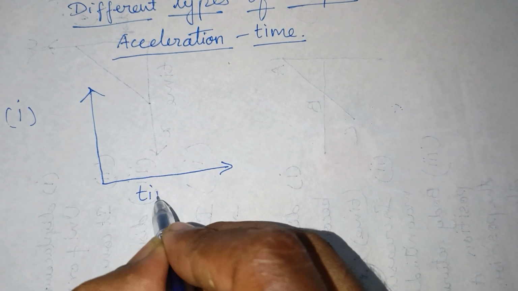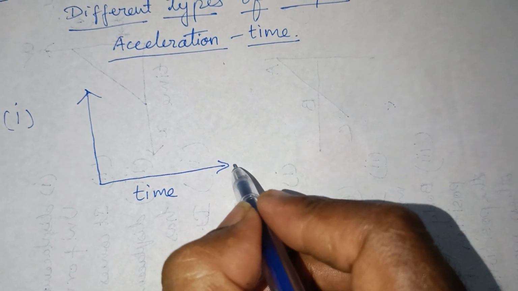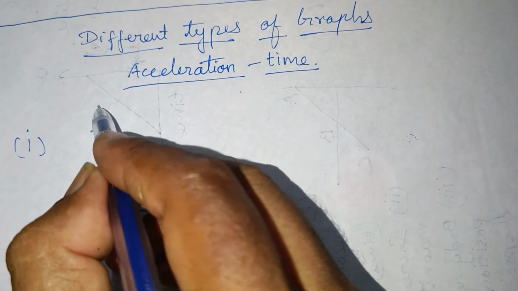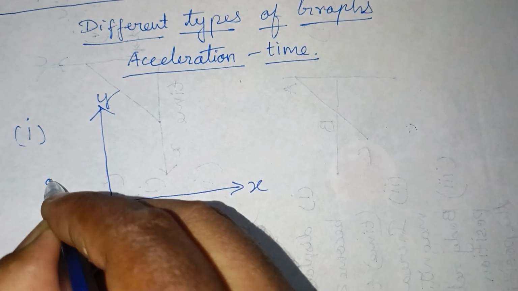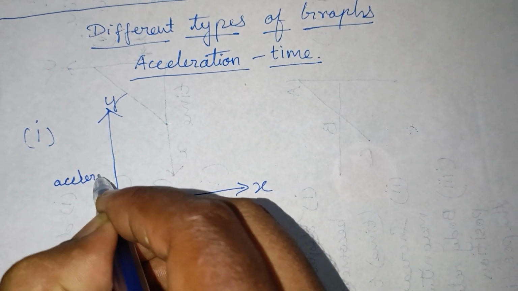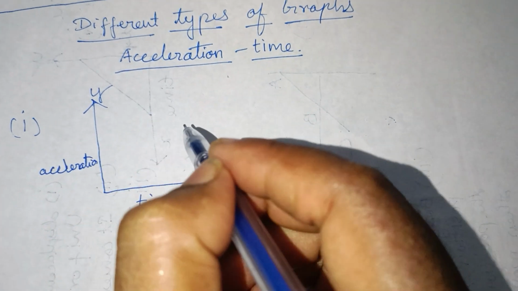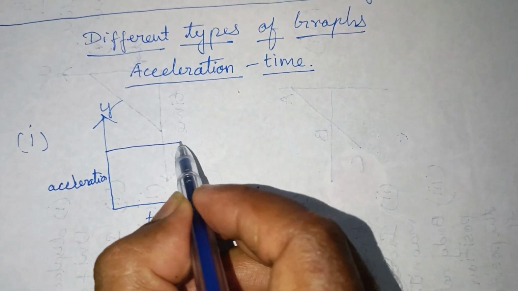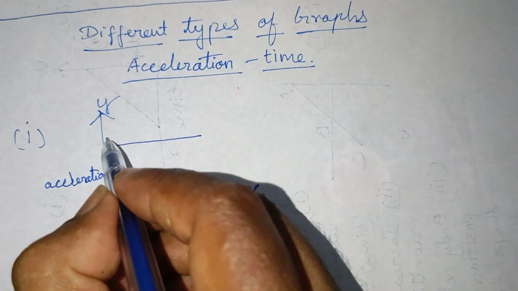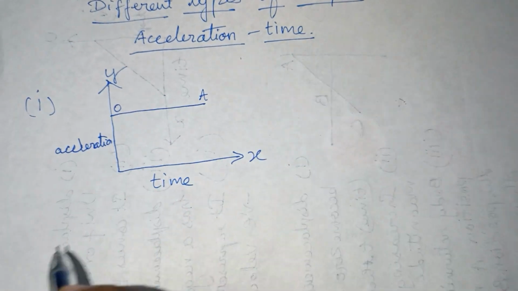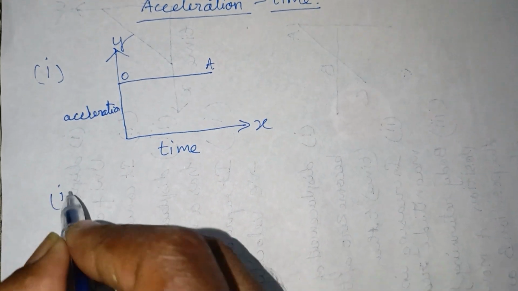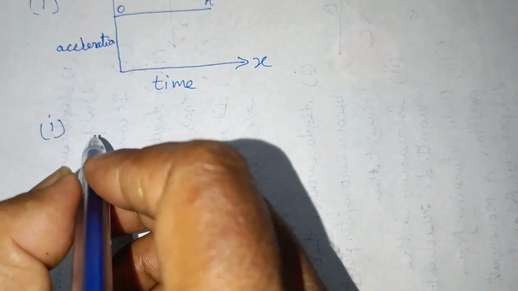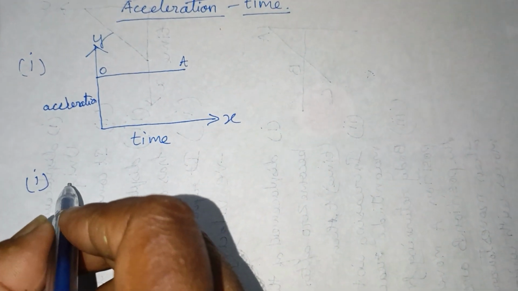Since we know that this is the x component, it is time, and this is the y-axis, so it is related to the acceleration. The next thing we are going to talk about is the line from O to A. So let us define this graph by means of certain points. What is the first point we are going to discuss?